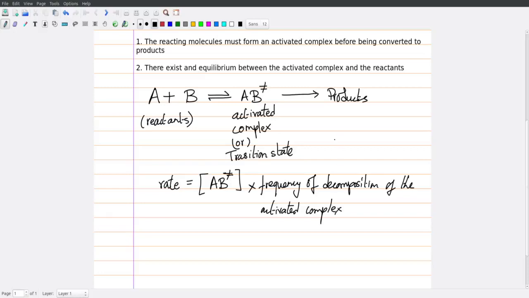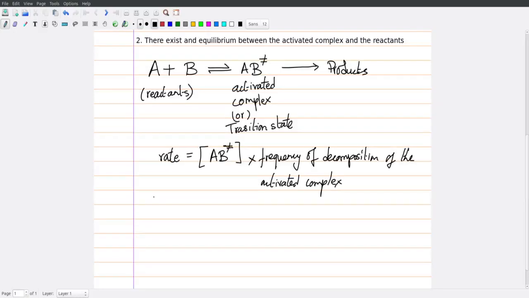So the rate depends on two things: the quantity of activated complex that is formed, and the rate at which this activated complex is decomposing. Both are very important.